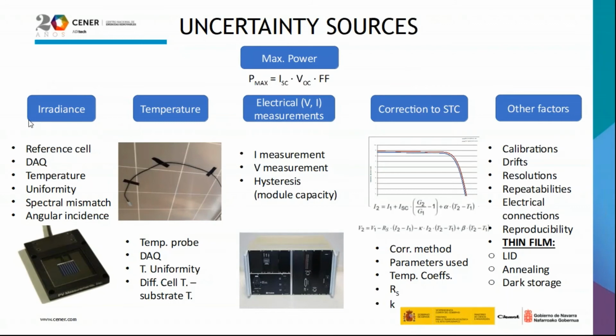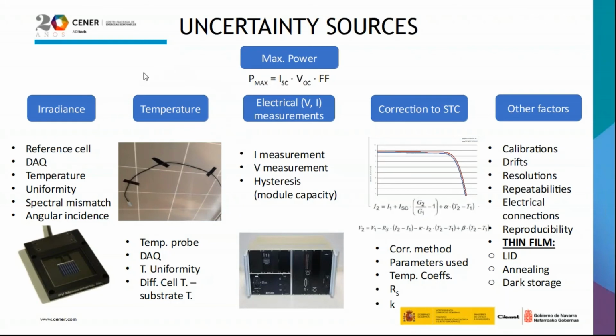For example, you can have sources related to the irradiance, like the reference cell, the reading of the data acquisition system of the output, the temperature and the uniformity of the reference cell, the uniformity of the light, any possible spectral mismatch, any possible angular incidence, or difference in the positioning of the reference cell with the plane of the sample.